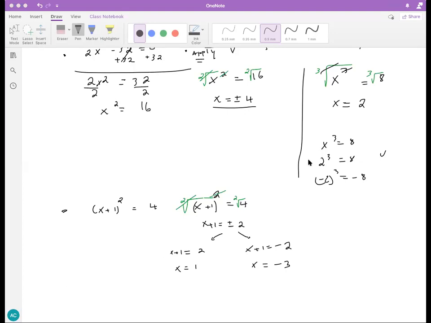So if we look at these examples, let me find a simple example here.